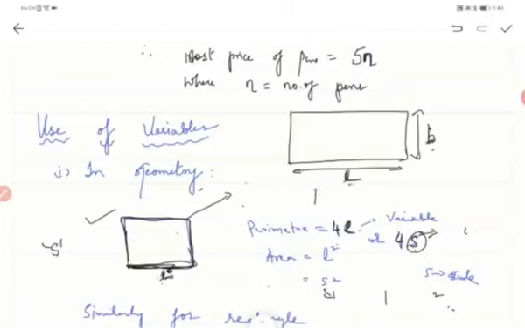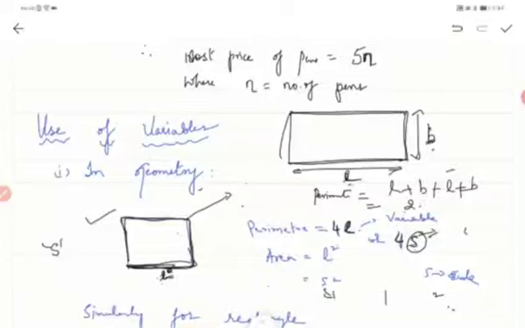So my perimeter will become L plus breadth plus again the length plus again the breadth. So your formula will be 2L plus 2B. I'll take 2 as common, so it will be 2 of L plus B. What are this L and B? They are again variables. They can hold any kind of number.